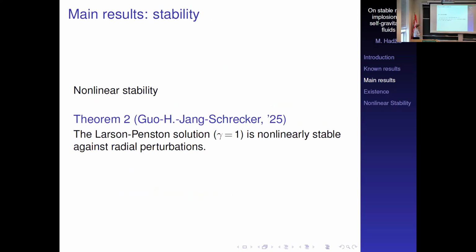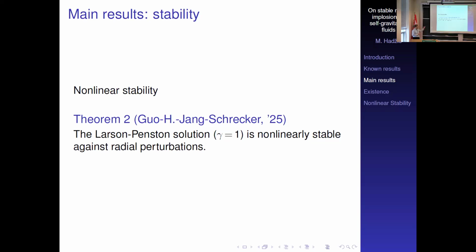And theorem 2 is a recent work with Yang Guo, Juhi Zhang, and Matthew Schrecker, where we prove nonlinear stability of the Larsen-Penston profile against radial perturbations, which is, again, a way of reassuring you that there is a meaning to the words, this is a ground state object.